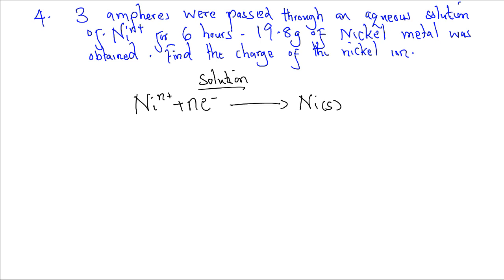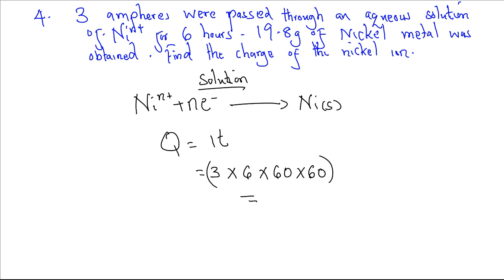After that, we calculate quantity. Q is IT, that is 3 amperes times 6 times 60 times 60. Then the quantity there is 64,800 coulombs.